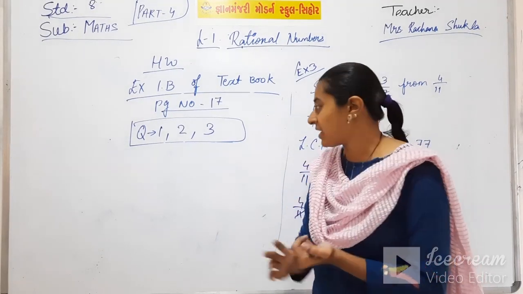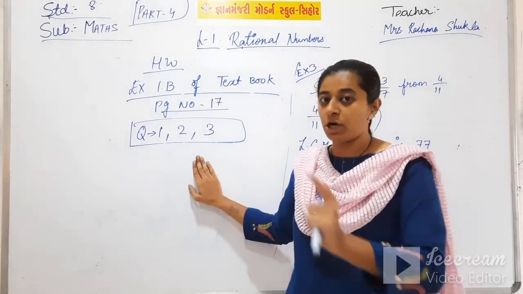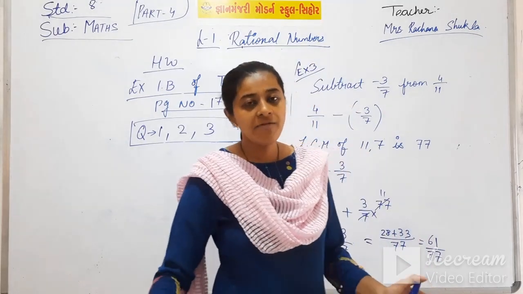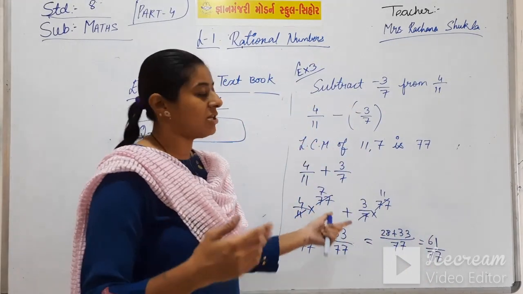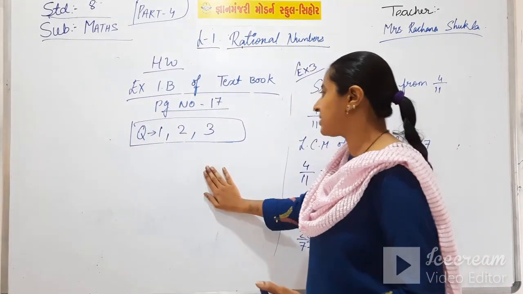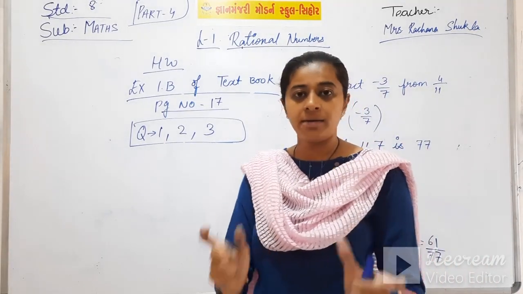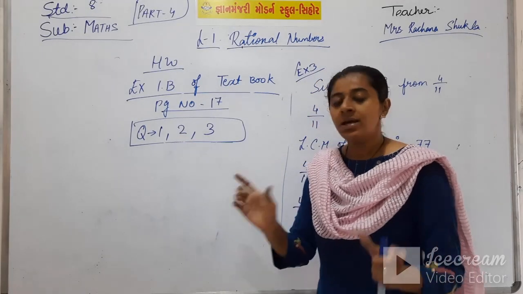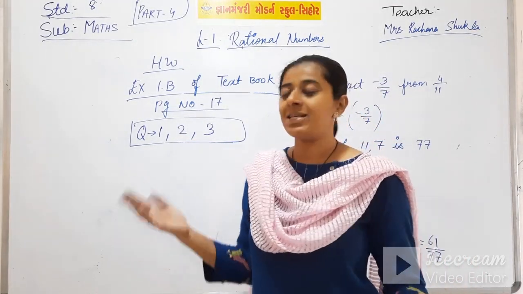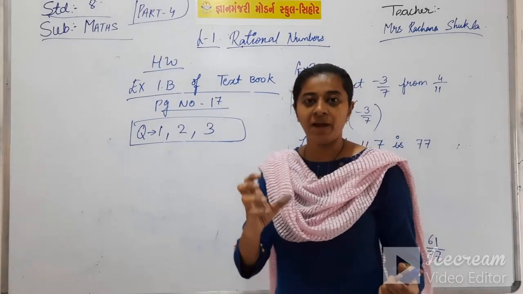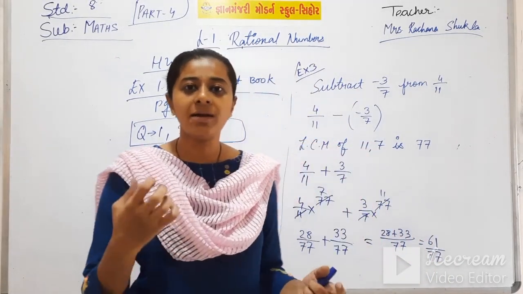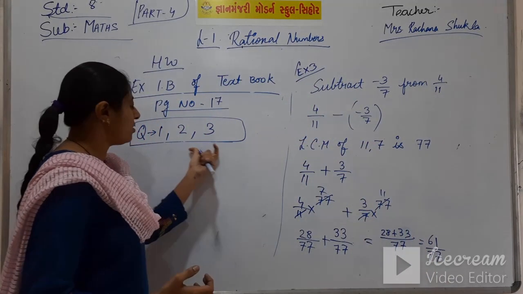These sums are of addition of rational numbers, not of subtraction. I will give you the homework of subtraction in your next session. Question 1 is addition with same denominators, question 2 is addition with different denominators, and question 3 is simplify, little typical sums, but you can try these questions 1, 2 and 3.